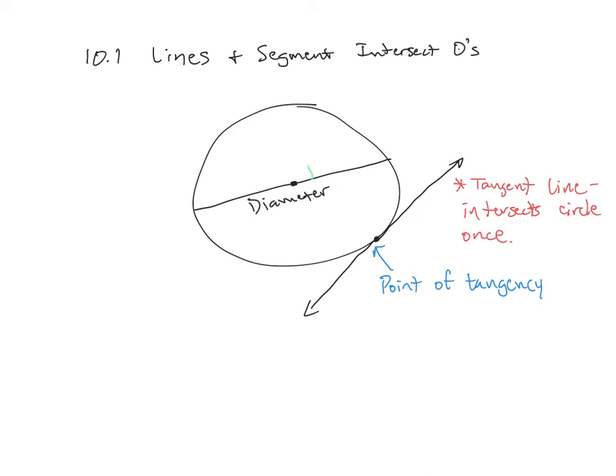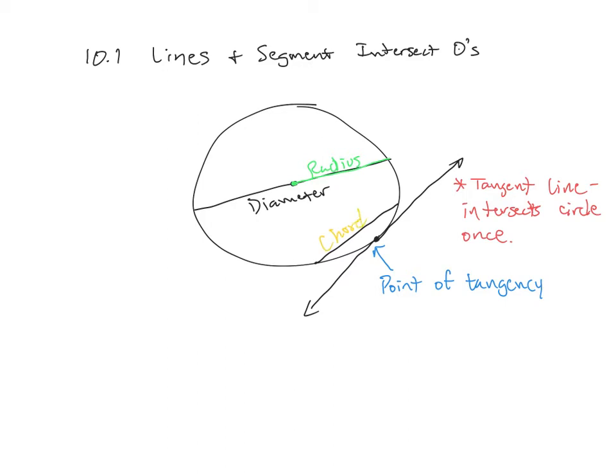We have radius, which is just from the center to the edge. We have, let's go like this, what's called a chord.